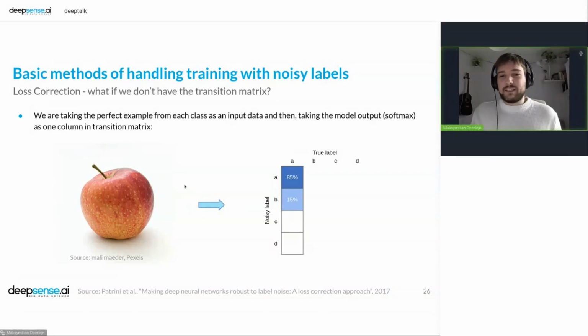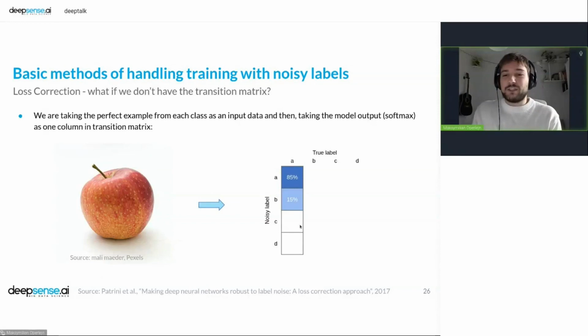So we are giving it as an input to our pre-trained model. The model was trained on noisy data. That's why, if we know that this is a perfect example, the softmax for class A should be approaching 99% or even more, then we know that any mistake in the softmax should be due to the pure noise.